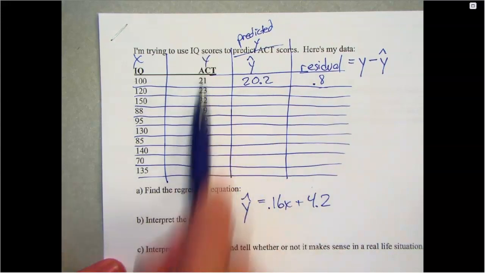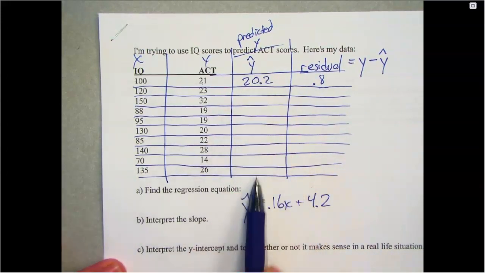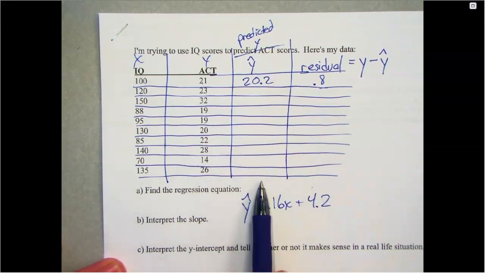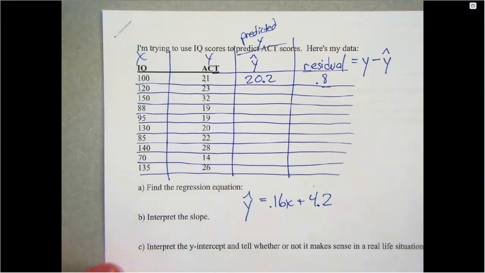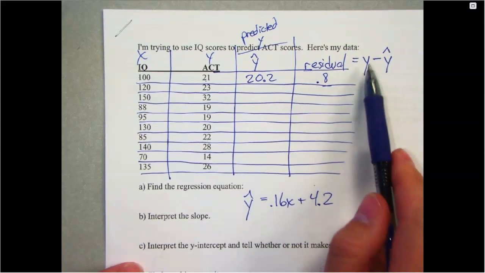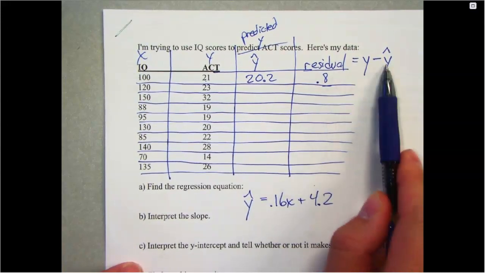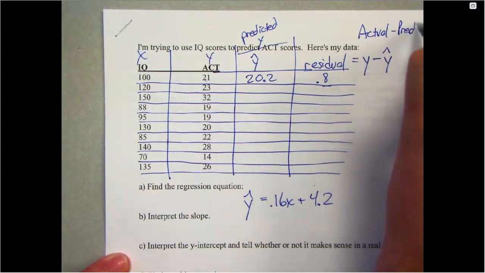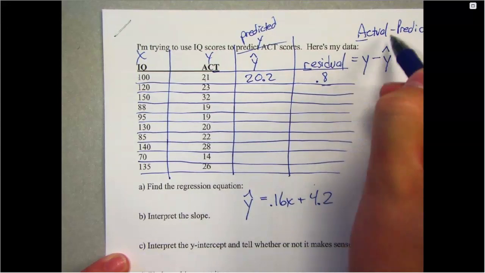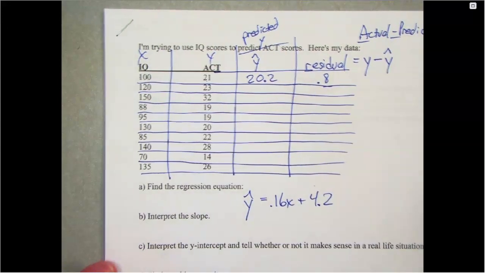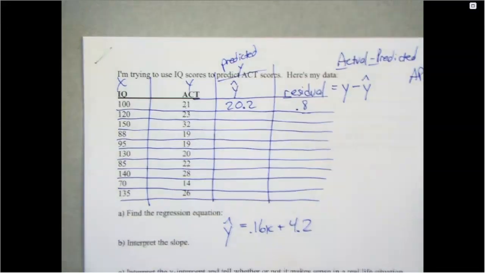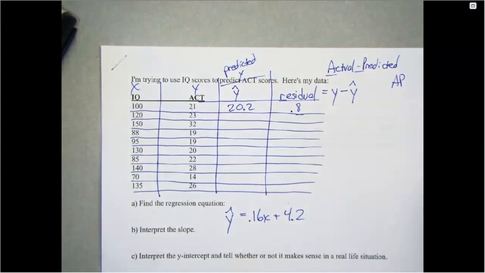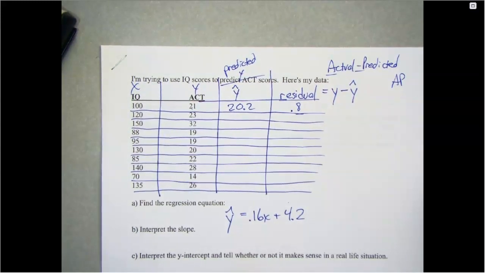And then this is what actually happened. This is what the computer says you're going to do. This is real life. And then the residual is always going to be in this order. Some people have told me before they remember it because we're in AP stats: actual minus predicted, like in that order. No? That's not going to work for you? Okay, fine.